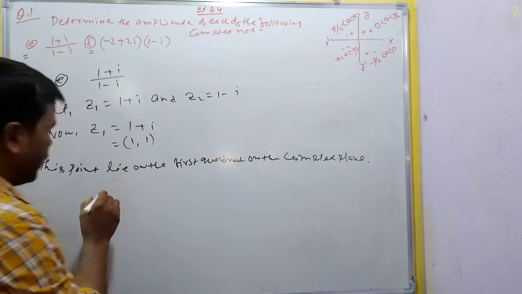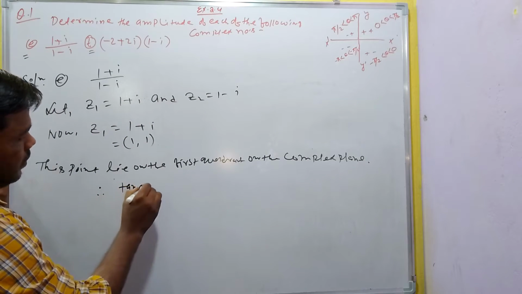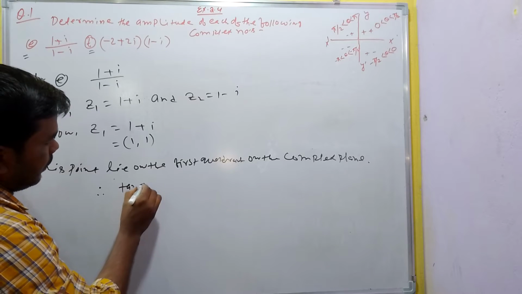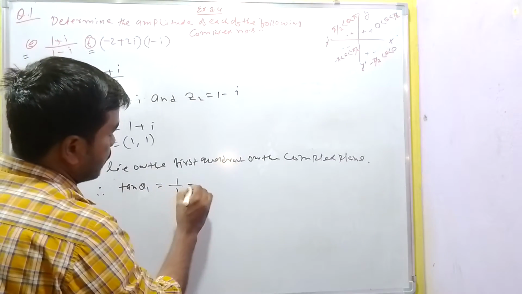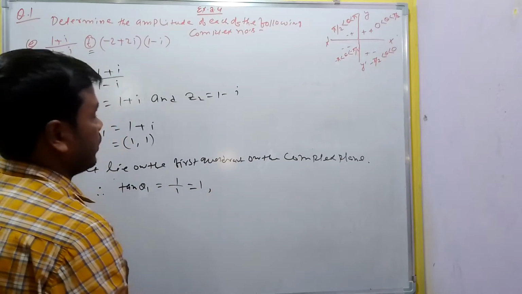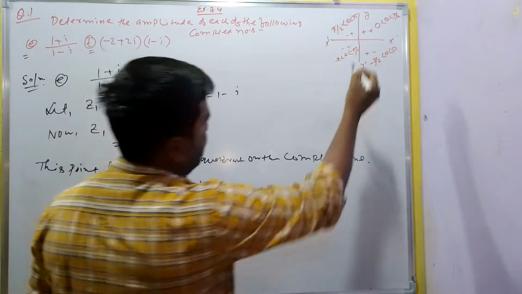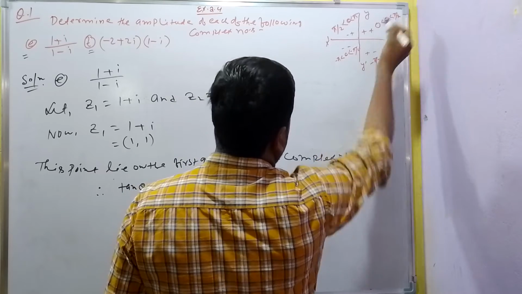Therefore, you have to write tan theta 1 equals 1 by 1, so equals 1. Now you can see this point lies on the first quadrant, so you have to write 0 less than theta less than pi by 2.